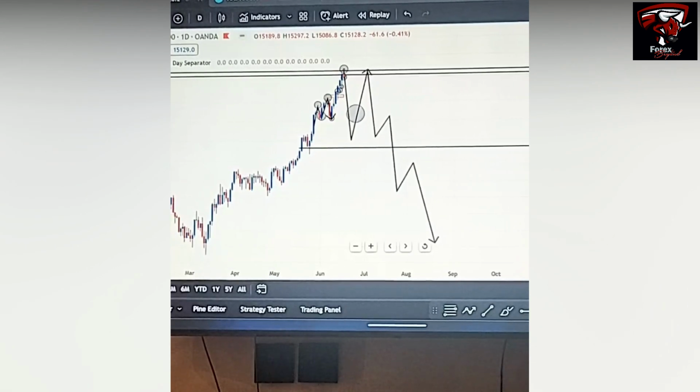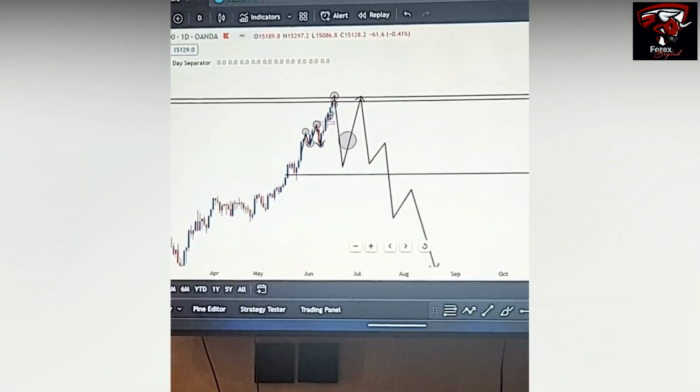Because now on the daily, we call this a double high. Or we call it liquidity. Lots of liquidity sitting at that level.